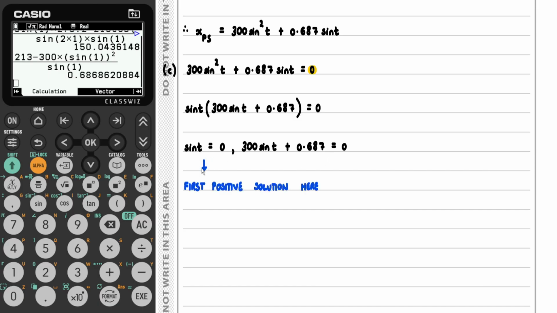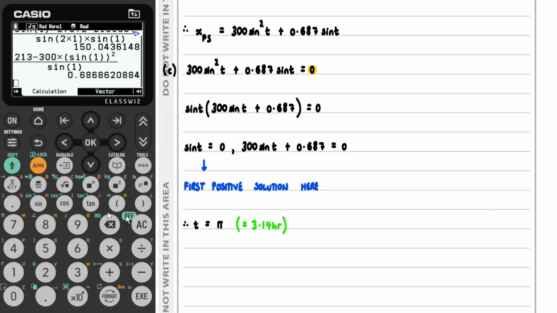The first positive solution can be found from here, where we have sine t equaling 0, meaning t is equal to pi, or equivalently 3.14. Let's convert this into hours and minutes.